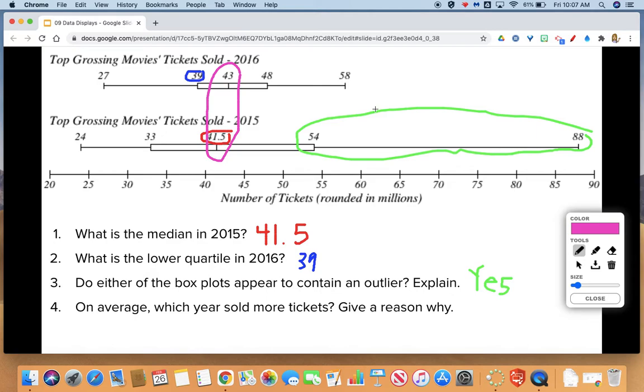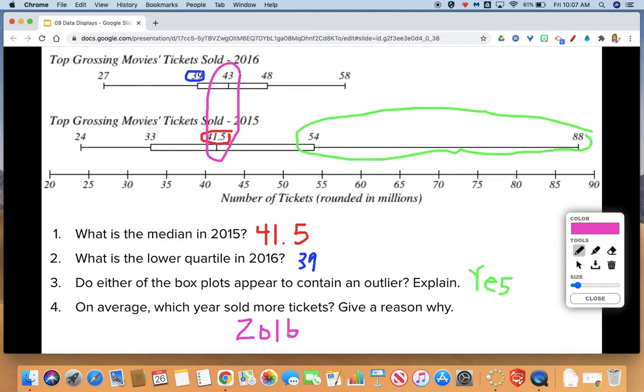No, because that could just be one random number, an outlier. You want to focus on where kind of that center mark of your data is, your median. Which year did better overall if you're looking at their medians? 2016, because they had a median of 43, and 2015 had a median of 41.5.